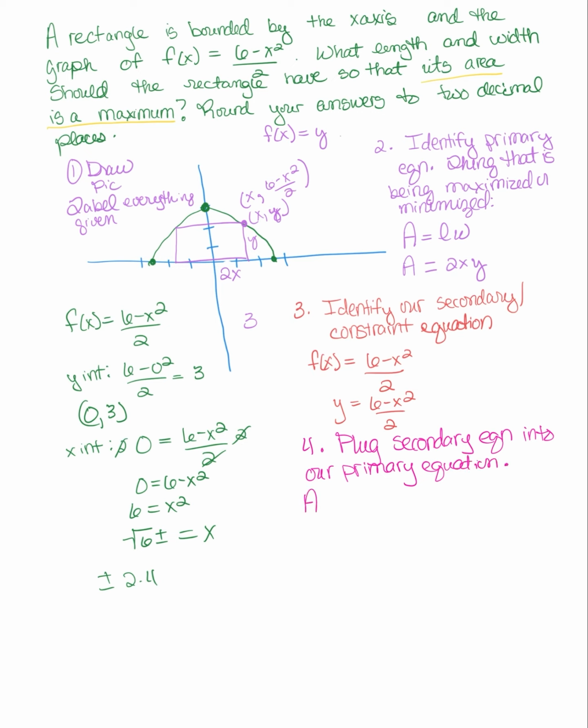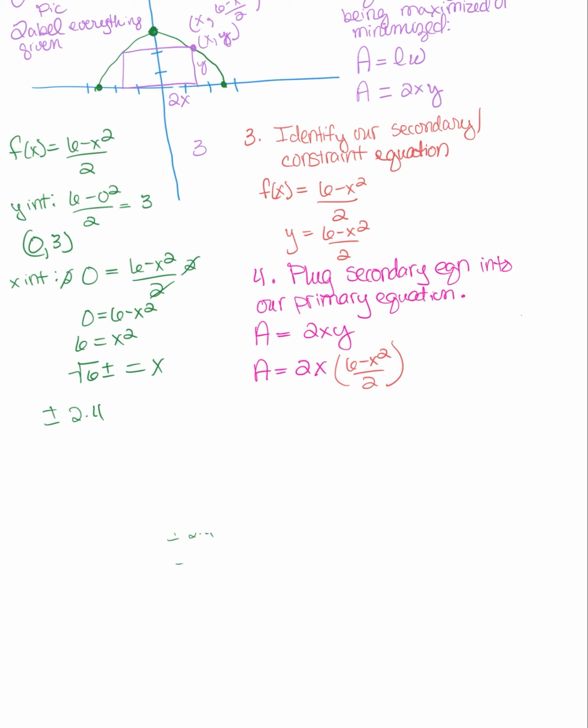So we have A equals 2xy as our primary. So now we're going to plug in our secondary equation, which was 6 minus x squared divided by 2.